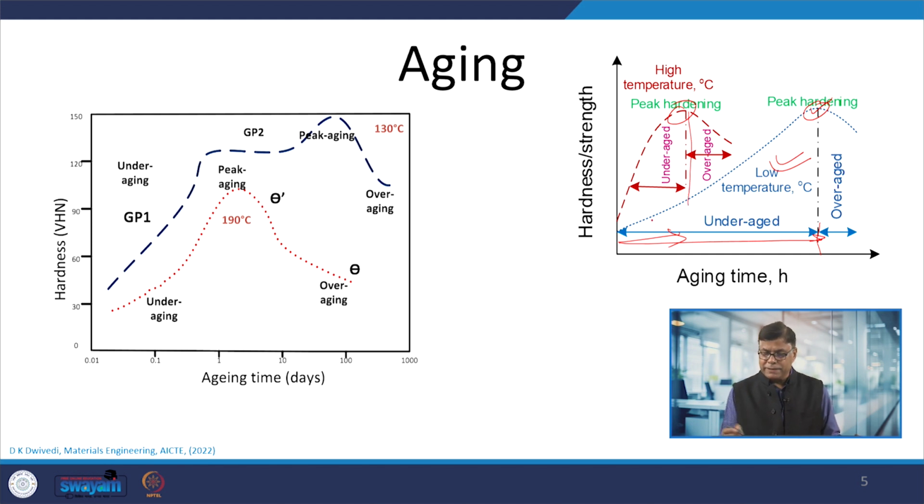But for each aging temperature, there is a specific value of aging time corresponding to the peak hardness or peak strength. Either side of that, if the aging time is less for a given temperature, then strength and hardness will be low, and if the aging time is longer, again the strength starts decreasing.